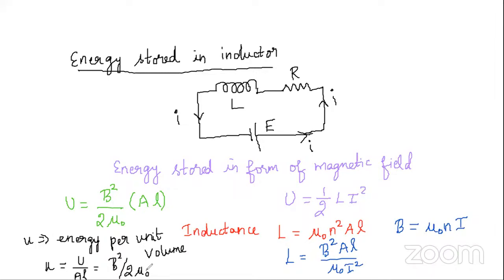This is energy stored per unit volume. This expression is derived for a solenoid, but it is applicable for any case. Whenever you need to find the energy stored per unit volume in an inductor, you can use B squared by 2 mu naught.